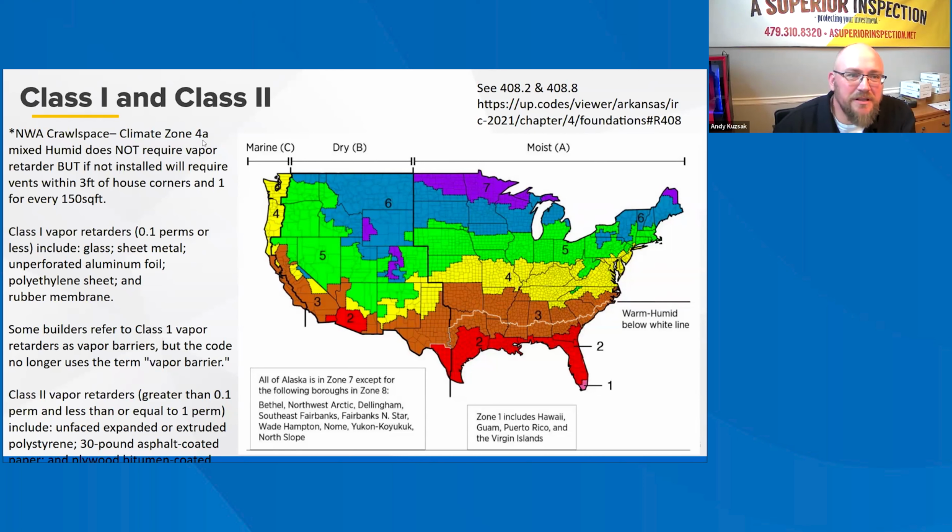I am in a mixed humid climate, and it does not require, oddly enough, a vapor retarder.